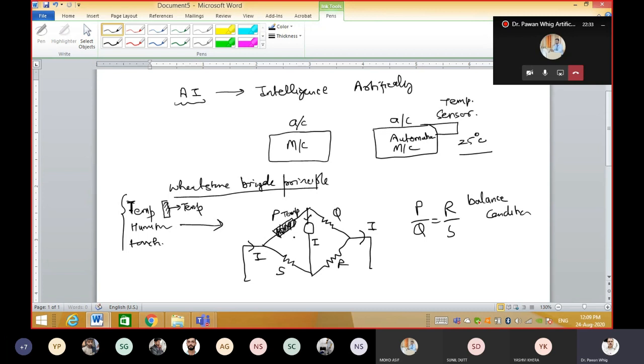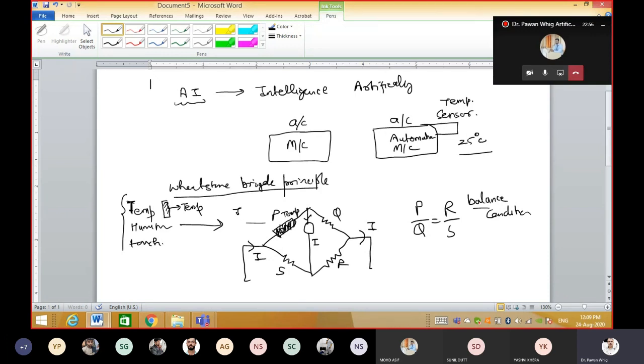Now what will happen whenever the temperature changes? Whenever the temperature changes, this Wheatstone bridge gets unbalanced, because under the balance condition P by Q is equal to R by S. So when you put a temperature sensor and make it balanced, then it is okay.